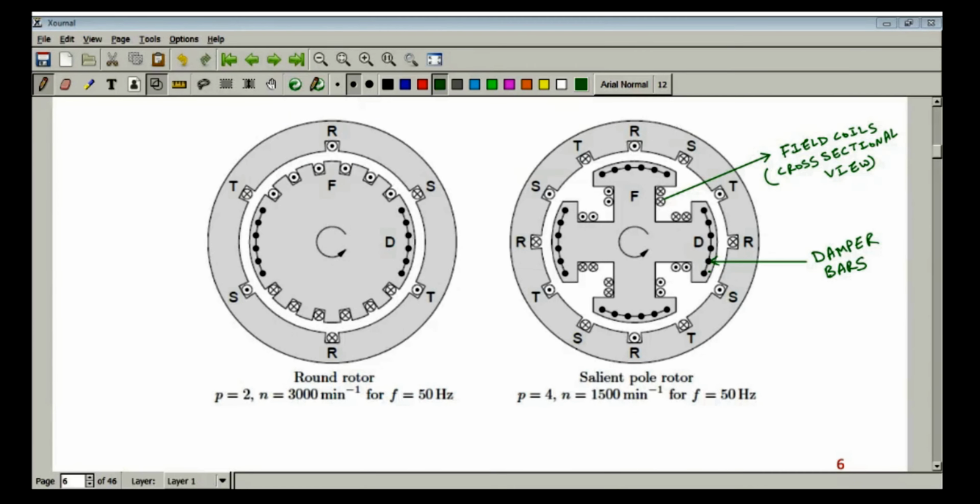What do you see? Damper bars are short circuited.